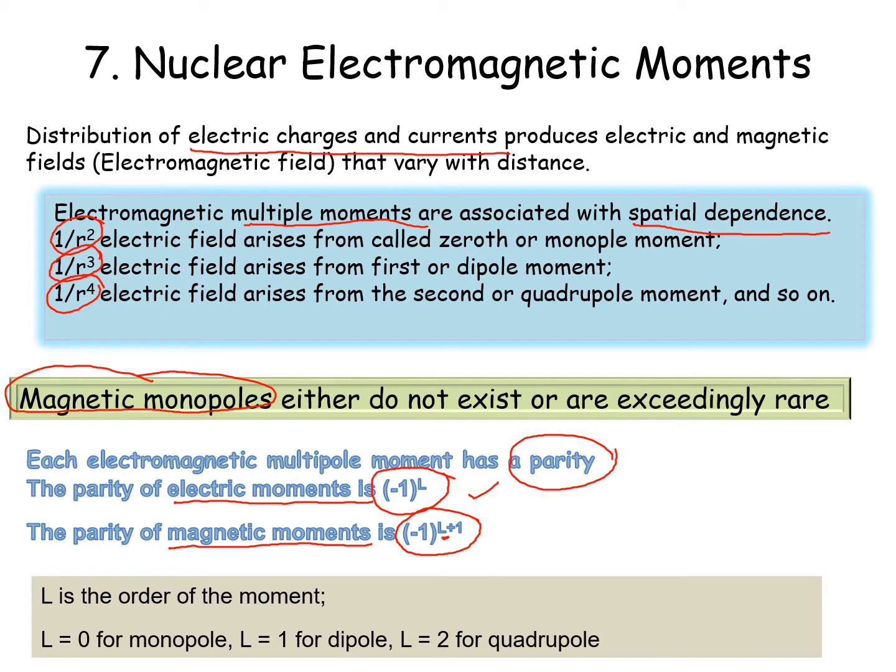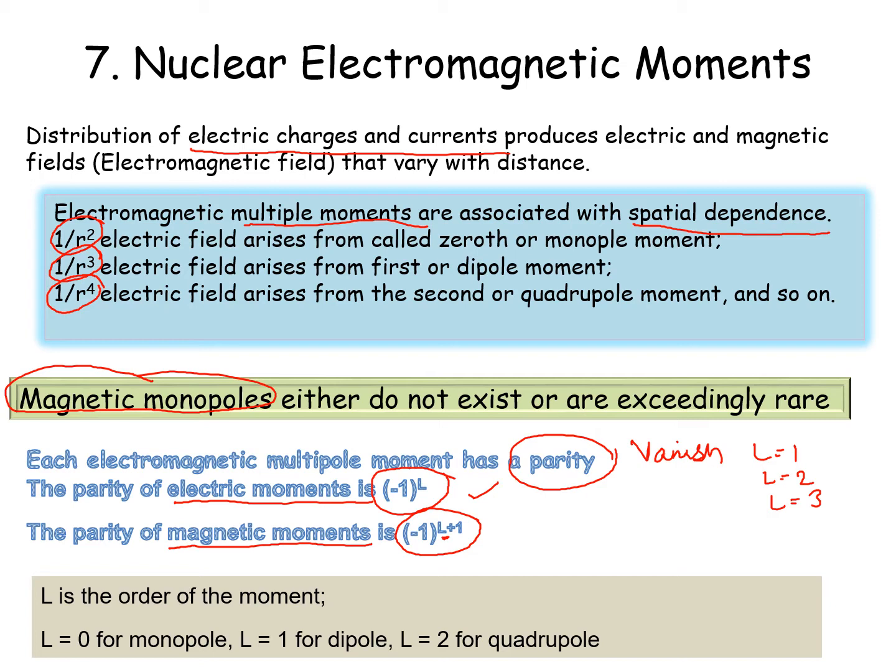Which moments vanish? Here I try to write the moments which vanish. They correspond to L equal to 1, that is electric dipole, then L equal to 2 for magnetic quadrupole, and L equal to 3, that is electric octopole, and so on.